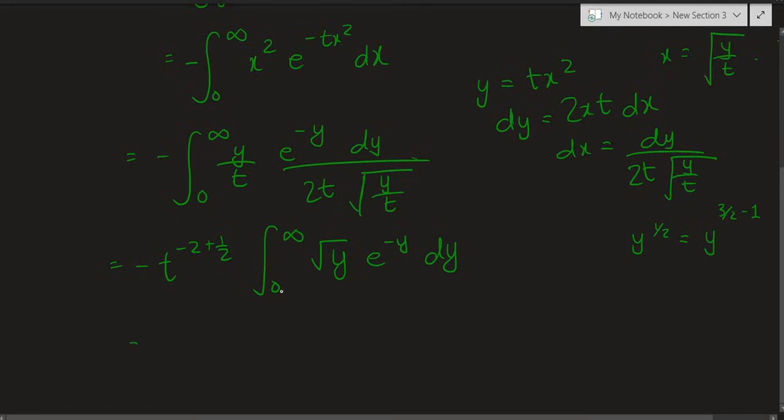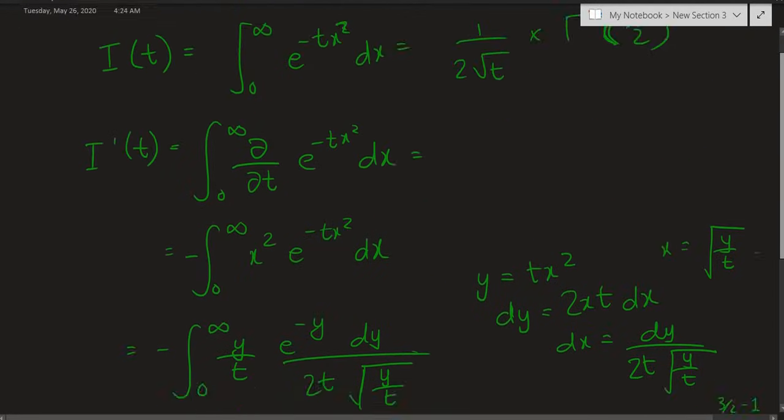So this is going to be the gamma of 3 by 2. I'm just directly using the definition we have now, minus t to the negative 3 by 2, because negative 2 plus 1/2 is negative 3 by 2, and then divided by 2, times the gamma of 3 by 2.